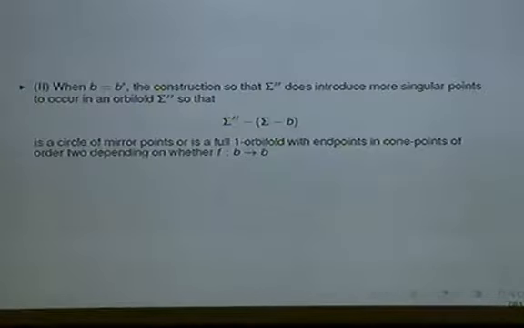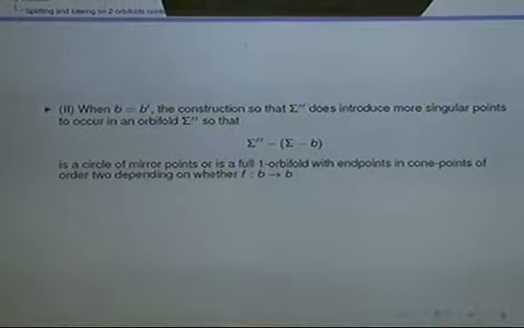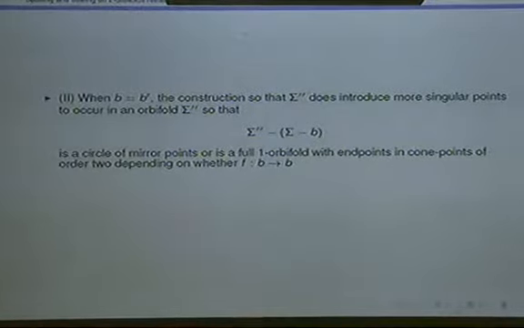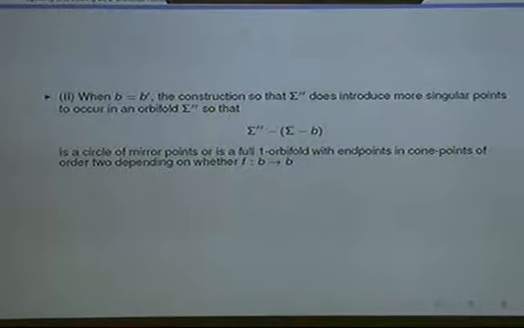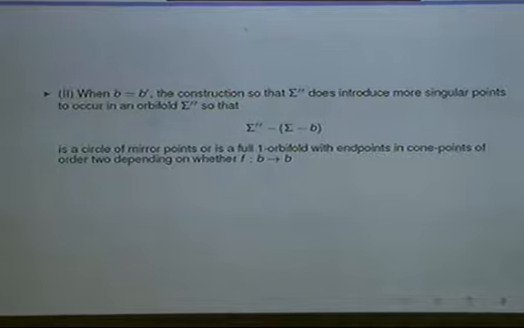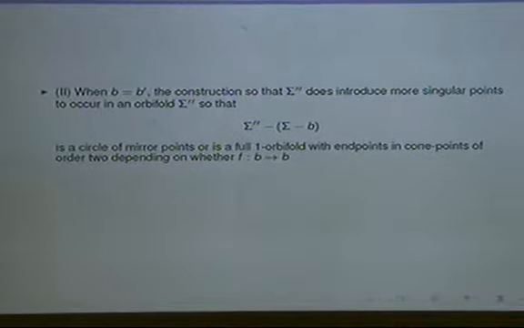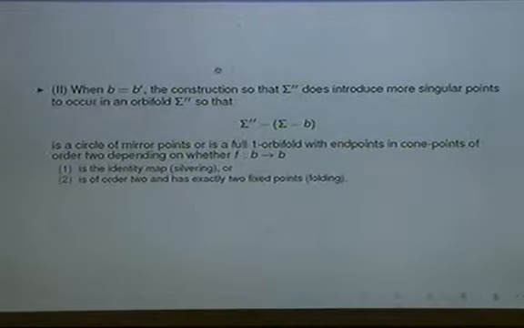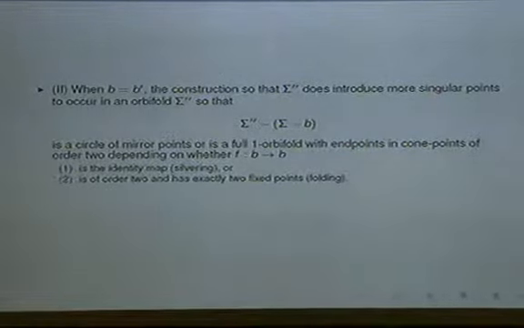And when you want to create two more singularities, then what you do is you can make it into just silvering, and you make everything into circular mirror points, or you can just close it, right? By folding it. So you have a circle here, and then now what I do is I choose some order 2 transformation to identify this. Okay, so that's called folding actually. So that's another sort of construction that we can do. So identity map is the silvering, and the other is folding.